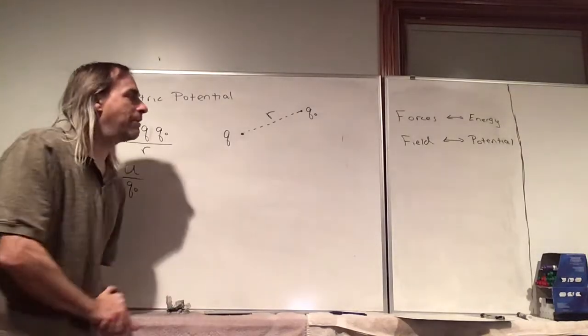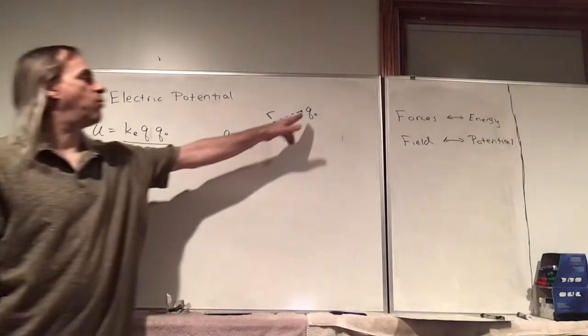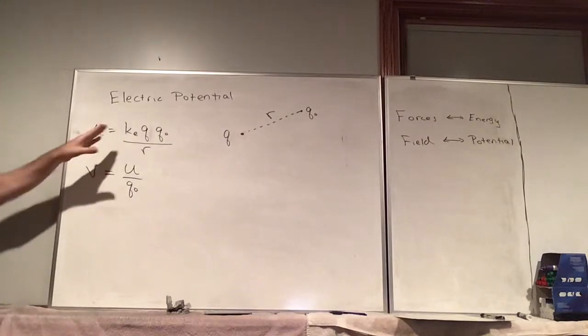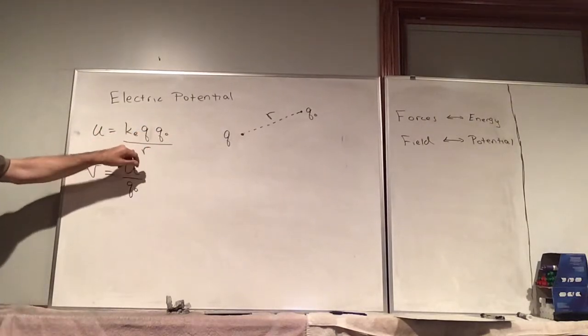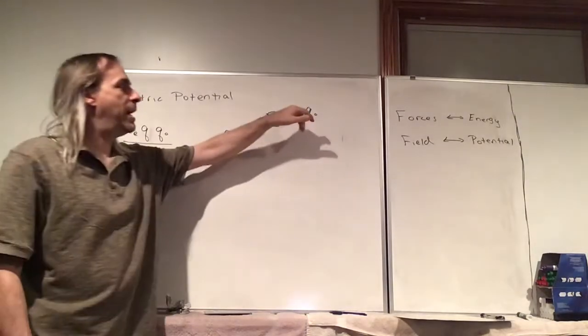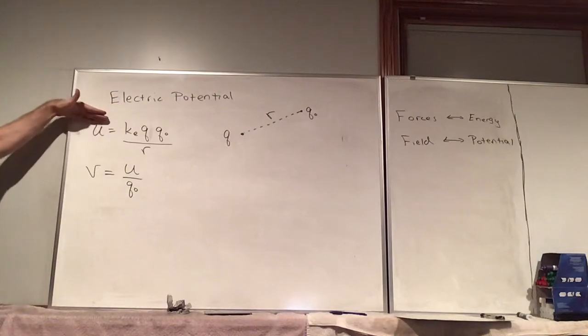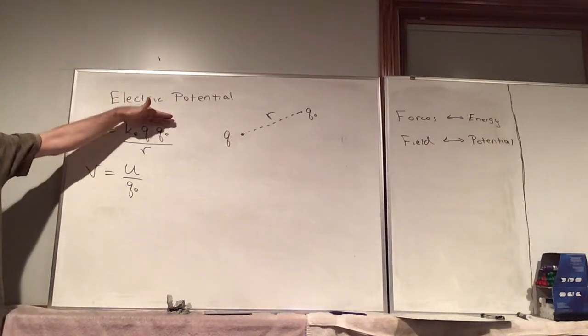Doing that allows us, because let's say we place a charge of 1 coulomb here, then the potential energy would be Ke times Q times a coulomb divided by R. If we place a charge of 2 coulombs here, then the electric potential energy would be multiplied by a factor of 2.